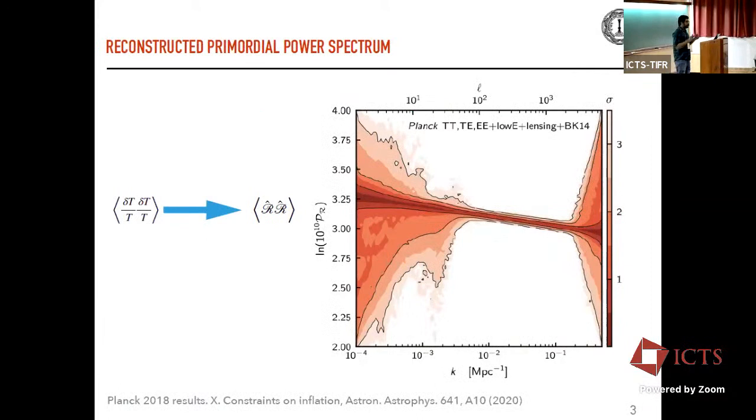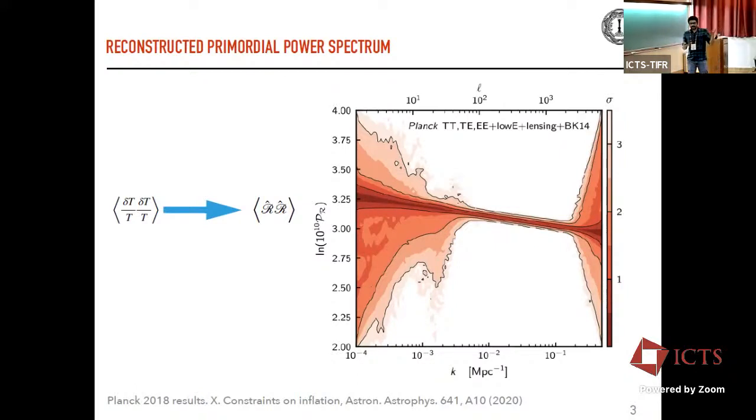From this data, if we assume lambda CDM and also GR, you can reconstruct back the primordial power spectrum. I will discuss what this primordial power spectrum is. From these temperature correlation functions, you can construct back the primordial curvature perturbation. This is a perturbation in the curvature of space.